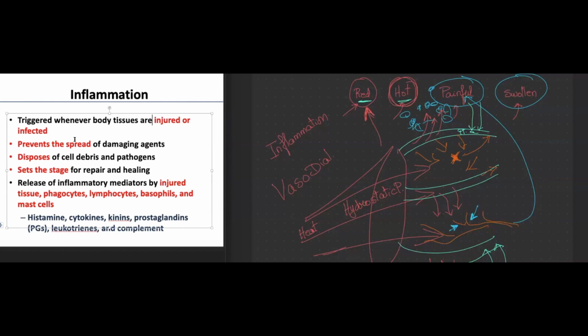Also, it's going to be helping to dispose of the debris of the cells and the pathogens. It's going to be washing this injured site. So I've got an infection. Think of it as if it was a war between your immune cells and the pathogen. So you have dead pathogenic cells, dead body cells. Those dead cells are releasing all their internal structures, solutes, proteins, everything.